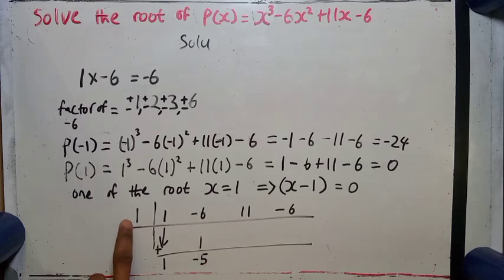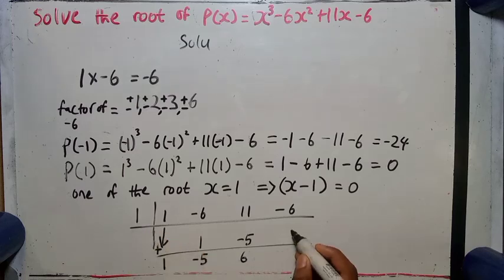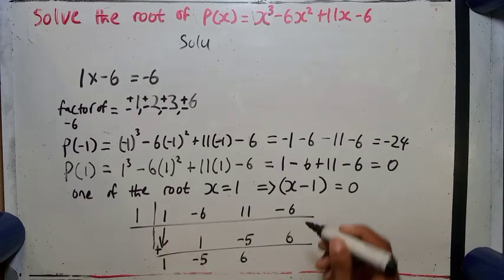Then we do 1 times minus 5. We're going to be having what? Minus 5. 11 plus minus 5, we're going to be having what? 6. 1 times 6 is going to give us 6.